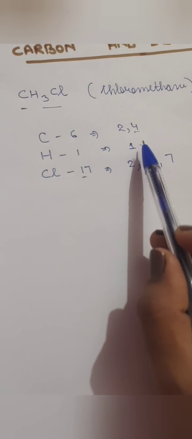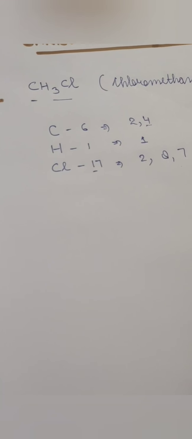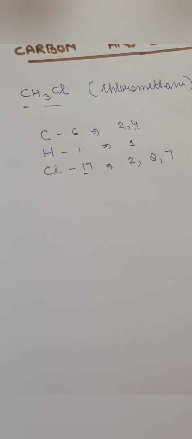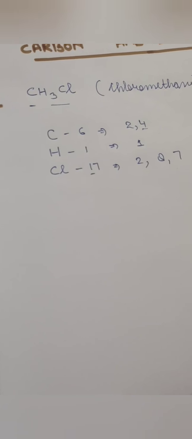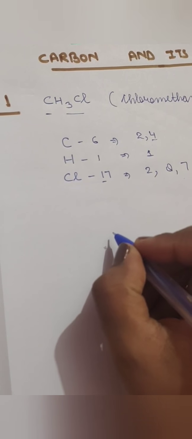So chlorine needs 1 electron, carbon needs 4 electrons, and hydrogen needs 1 electron, or wants to give its 1 electron. Every element wants to complete its octet or duplet structure, so they will share the electrons. So how will it be?